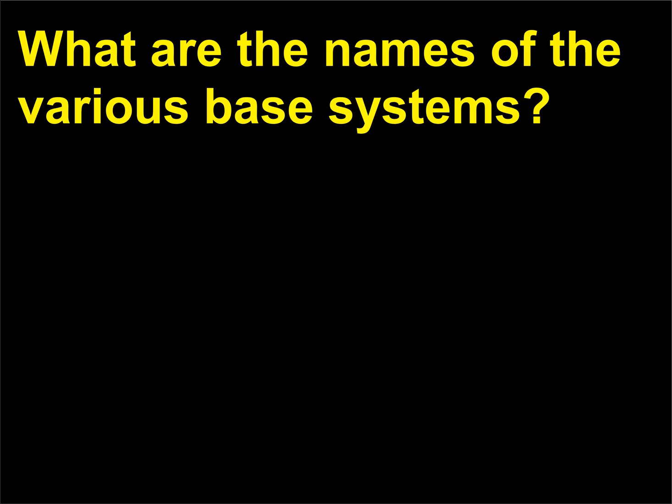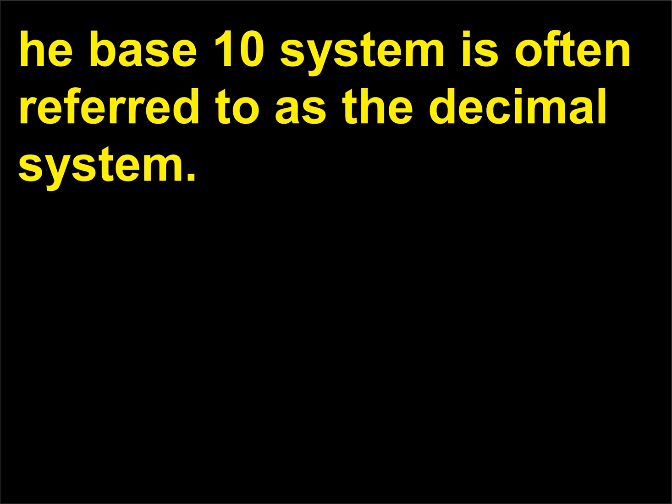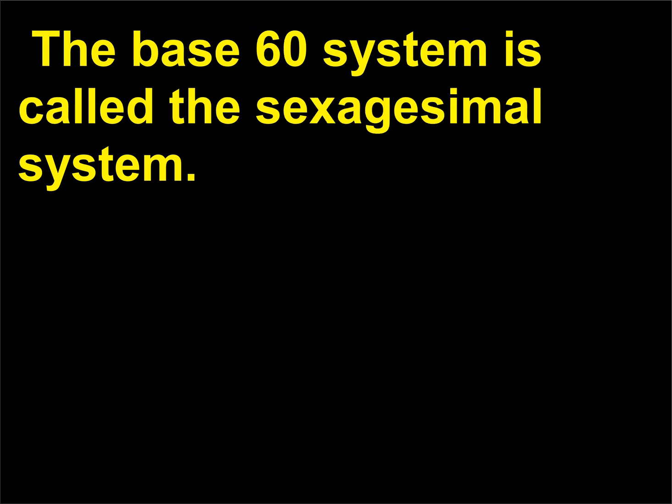What are the names of the various base systems? The base 10 system is often referred to as the decimal system. The base 60 system is called the sexagesimal system.